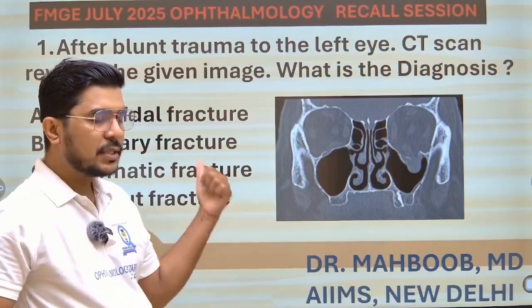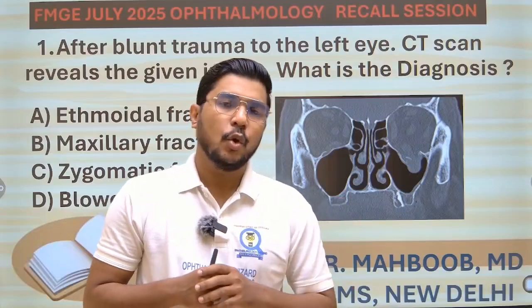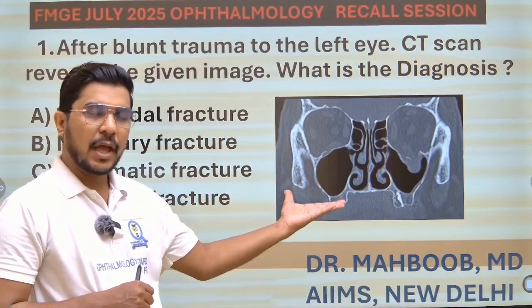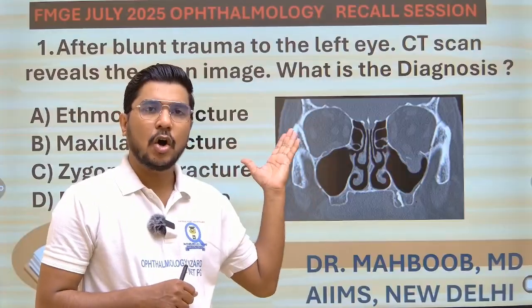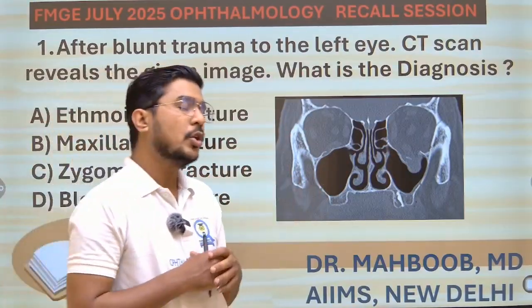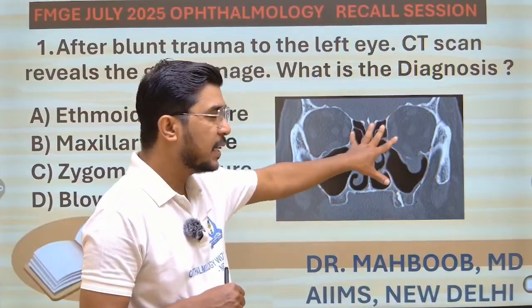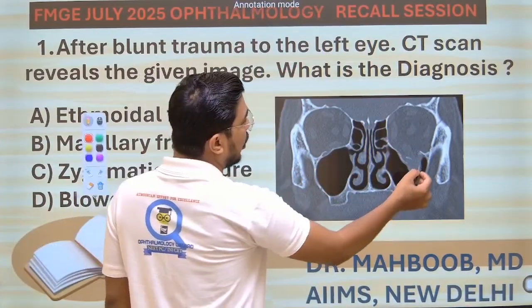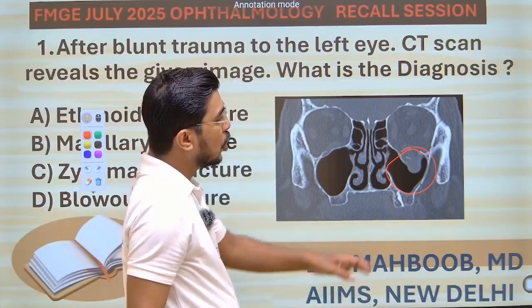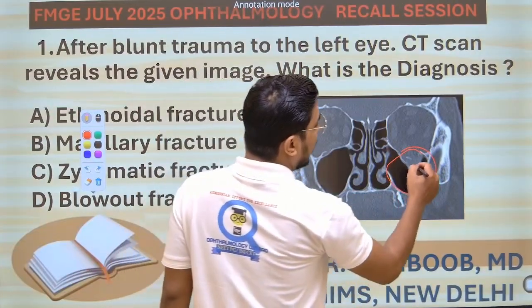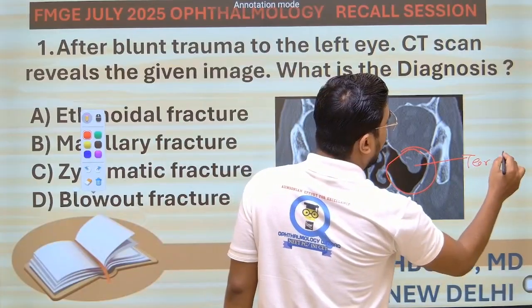This is the first MCQ where you can see a CT scan image, and they have asked which wall of the orbit is fractured here. So you can see this CT scan image and what you are noticing here: there is a soft tissue prolapse into the maxillary antrum, which is called the teardrop sign.